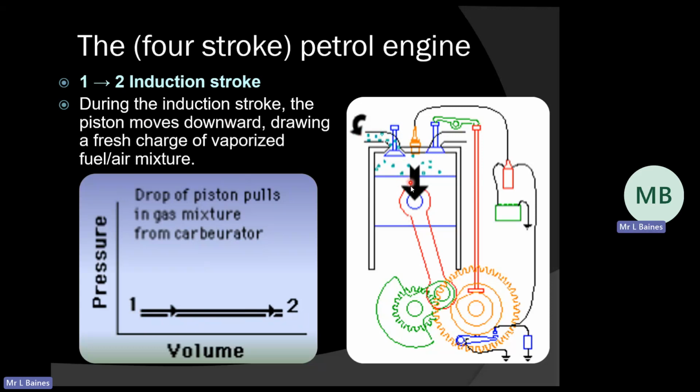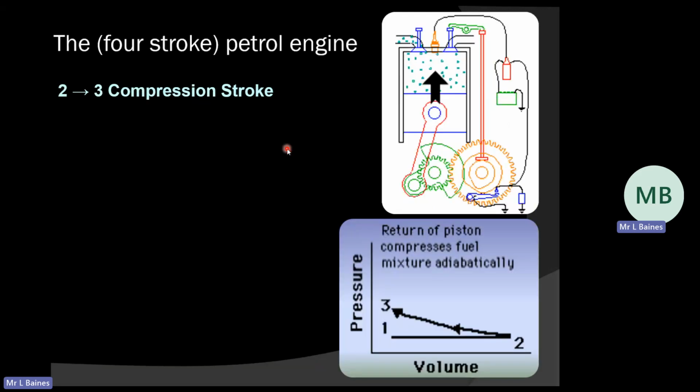By moving downwards, it's expanding, it creates a bit of a vacuum, and that creates a pressure below atmospheric pressure. And we know if the pressure outside is higher than the pressure inside my cylinder, we're going to get our flow of air moving inwards. So what we have is moving from a small volume to a large volume of my fuel air mixture that's coming in. So it's my induction stroke or my intake stroke.